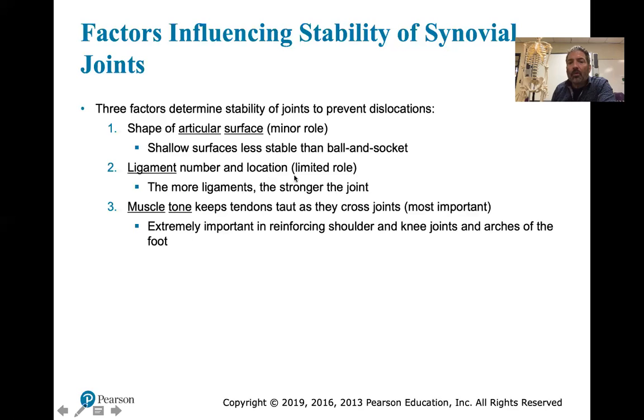Next, ligaments. Ligaments have a limited role. They really hold the bones together, but you want those intrinsic shoulder muscles to be strong so they can literally hold the humerus into the scapula.